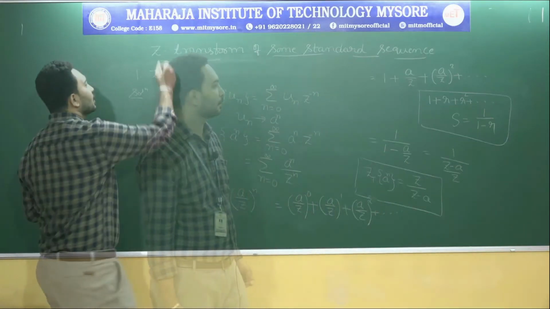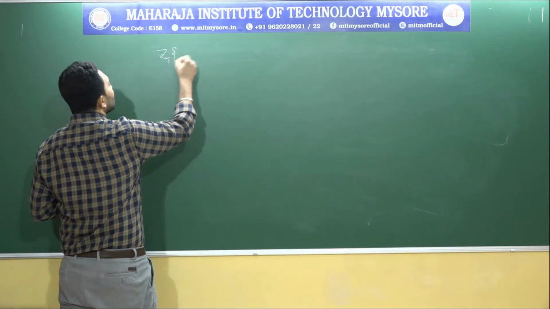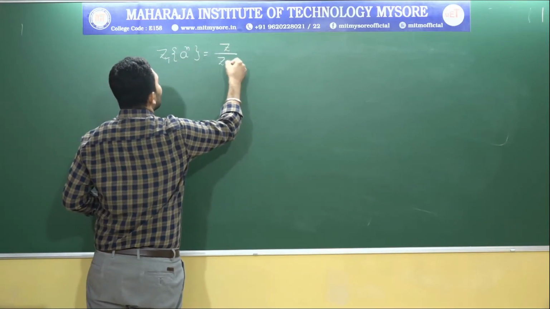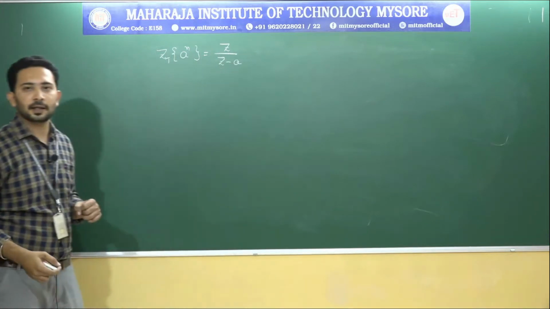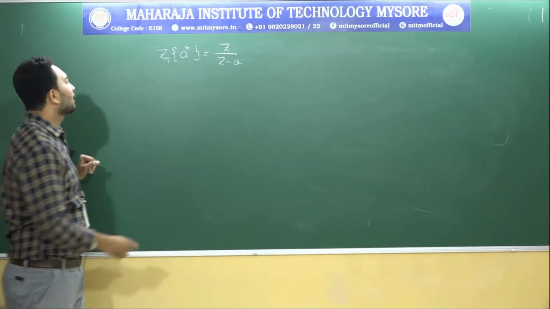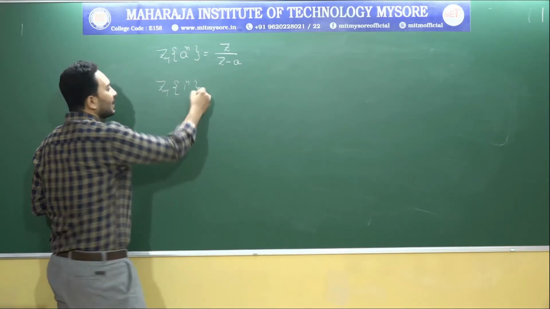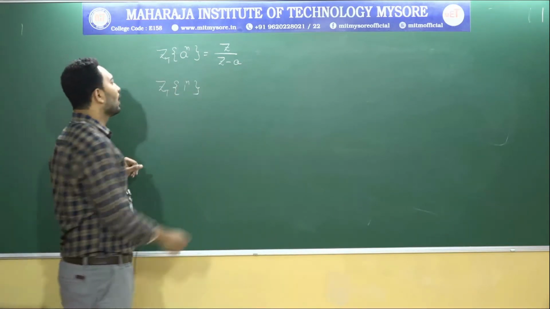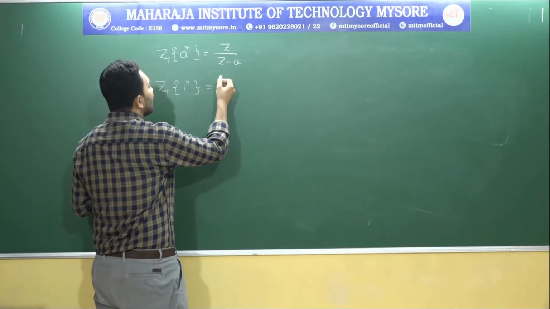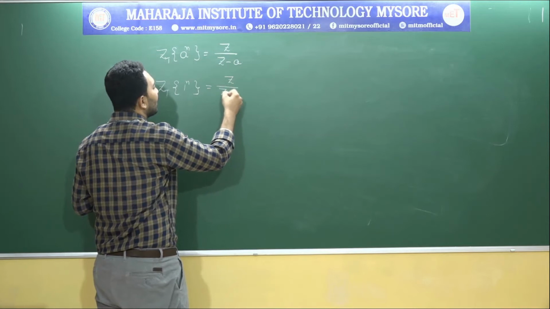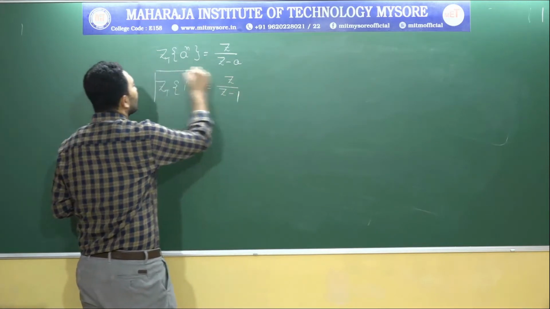So just now we have solved the z transformation of a power n, that is z divided by z minus a. By using this, we can write z transformation of 1 power n, that is nothing but z transformation of 1. So here just replace a by 1, we get z divided by z minus 1.